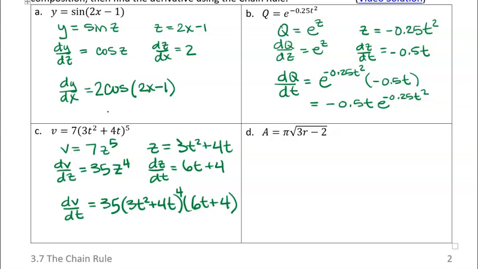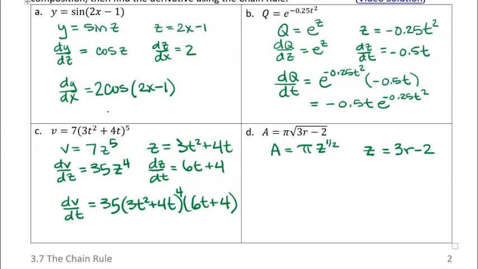So I'm going to make A equal to pi times square root of z, or maybe I'll just do z to the 1/2 power, and then z is equal to 3r minus 2.